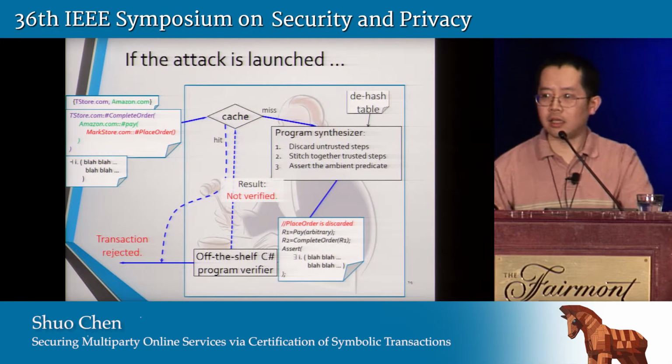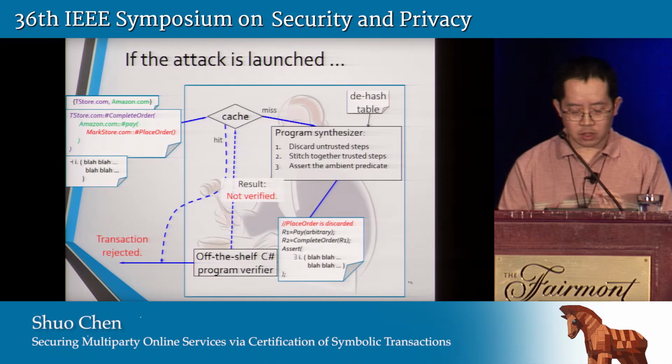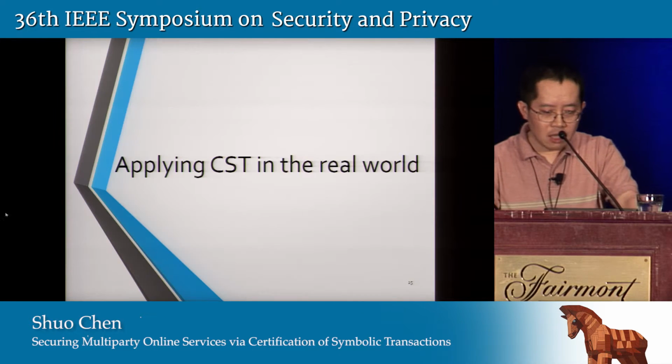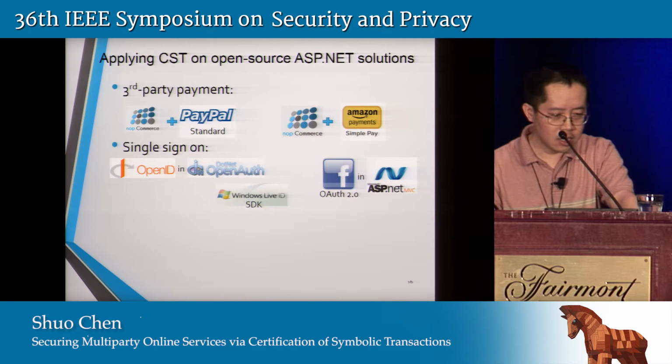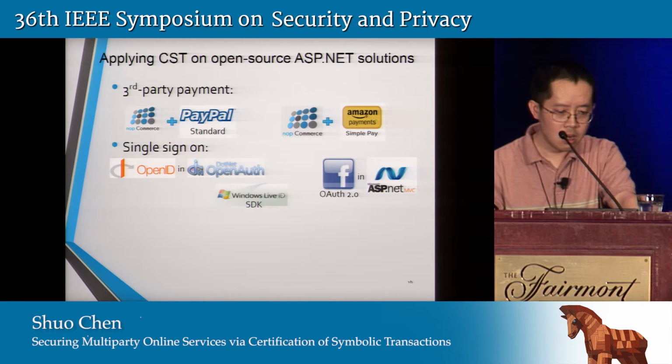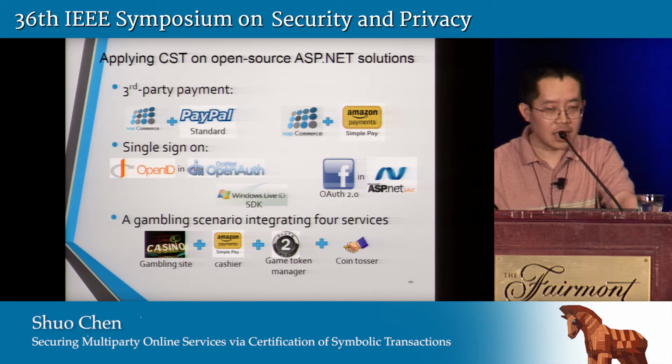Okay? So I just explained to you how CST works, but very briefly. We have applied CST on many open source ASP.NET solutions, including 2 third-party payment solutions and 3 single sign-on solutions. We also built a gambling scenario, which includes a gambling site, a cashier, a token manager, and a coin tosser.